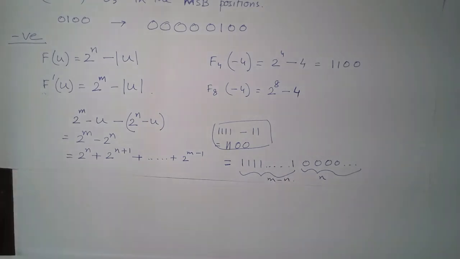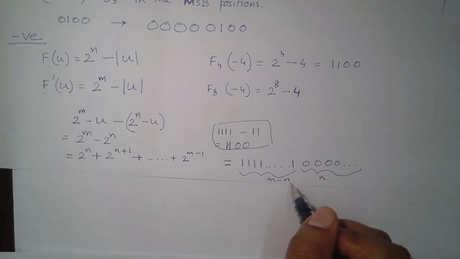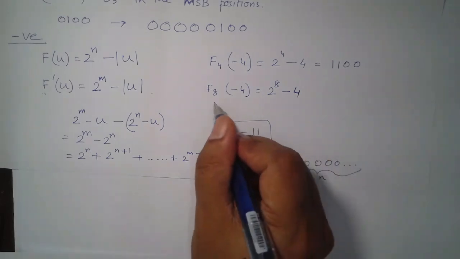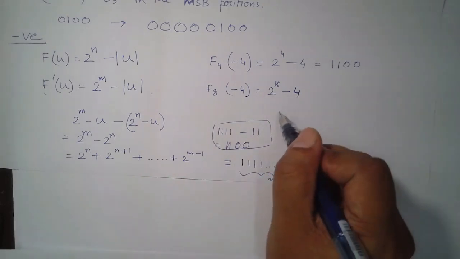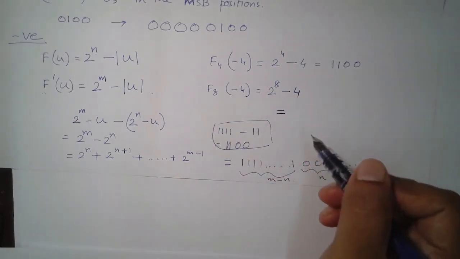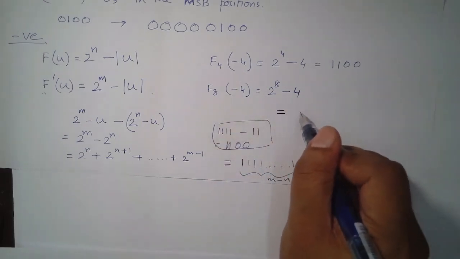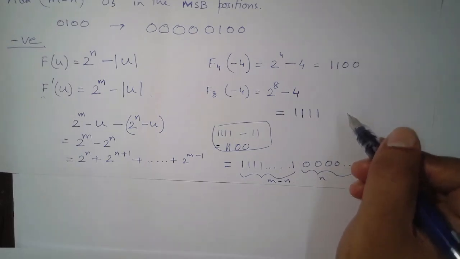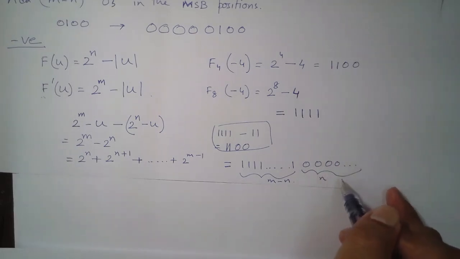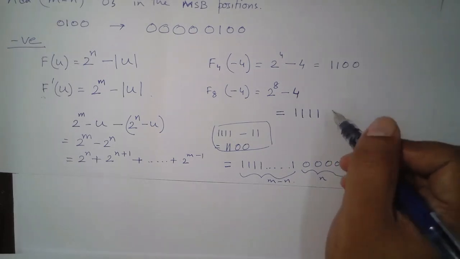Alright. So basically I can find out the 8-bit representation of minus 4 by writing down m minus n number of ones. So m minus n is 4, so 4 ones followed by n zeros.